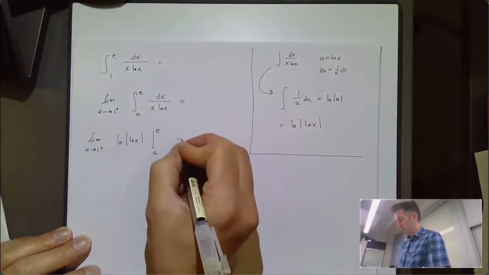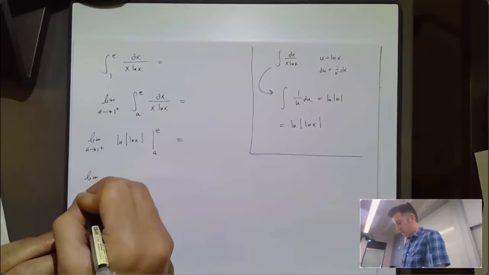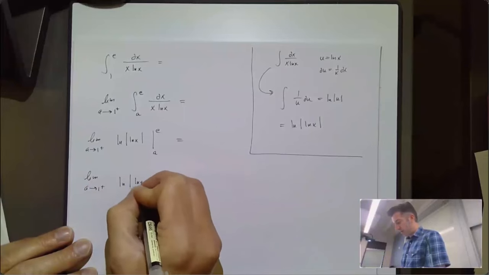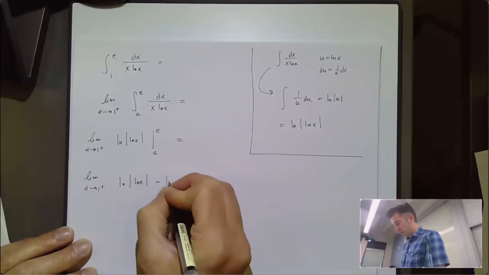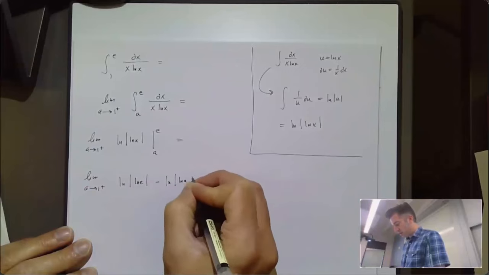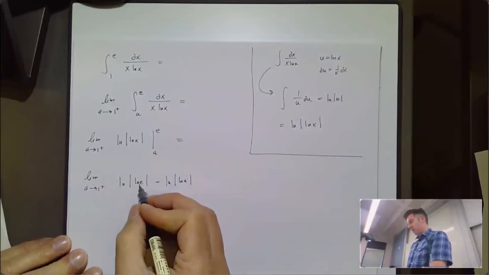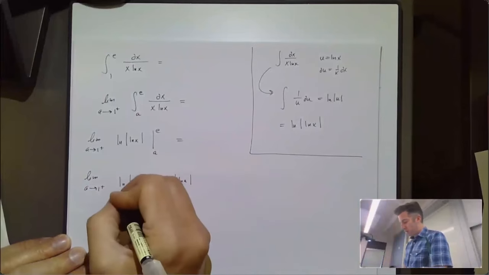And we can plug in our limits of integration. So the limit as a approaches 1 from the right of the natural log of the absolute value of the natural log of e minus the natural log of the absolute value of the natural log of a. Now the natural log of e is 1, and then the natural log of 1 is 0. So that part's going to be 0.